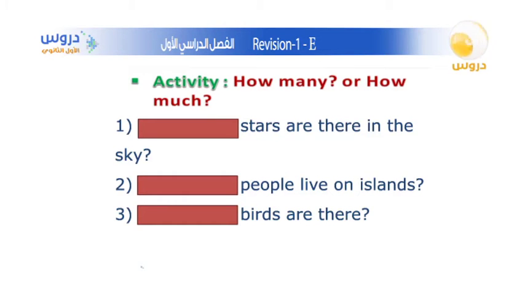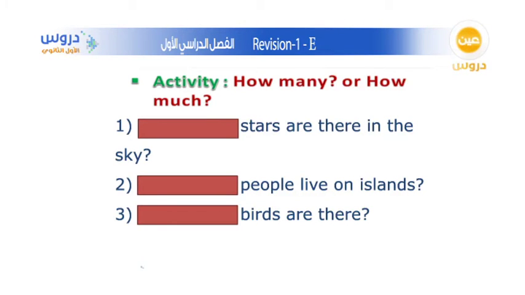Well, Miss Dahlia, now it's a matter of adding how many and how much. Now, if you have got the noun here, look at the noun. Is it countable or uncountable?